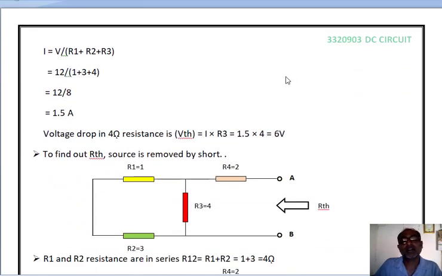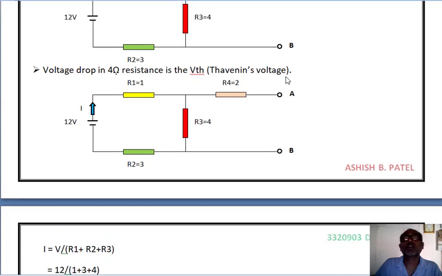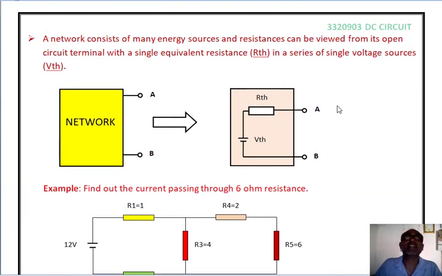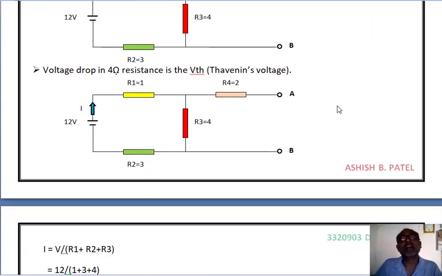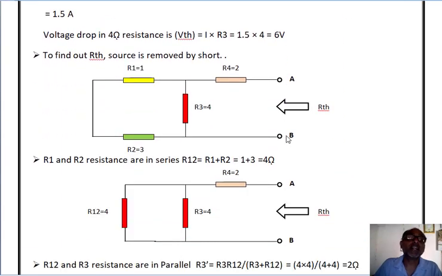Now, next step, we want to find RTH. RTH is the equivalent resistance viewed from the AB terminal. As I already told you, to find RTH, every voltage source connected in the network is removed. If internal resistance is given, you put in that value.